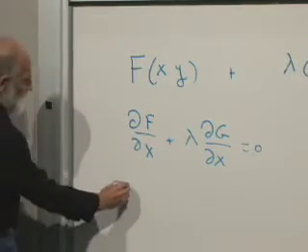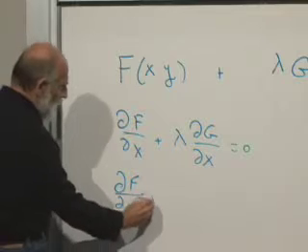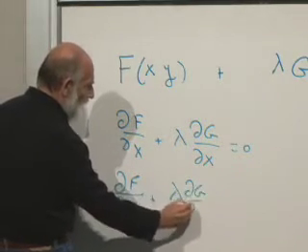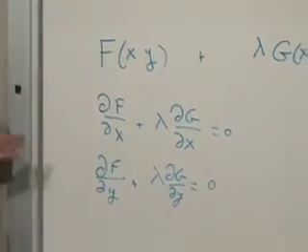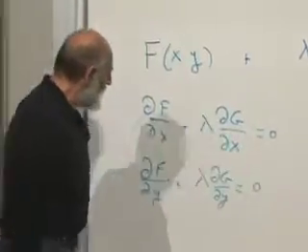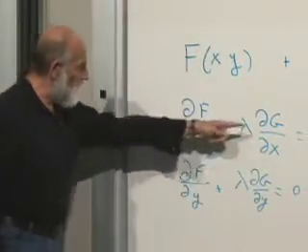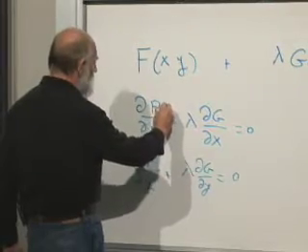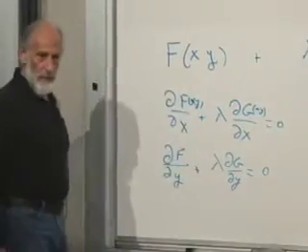And the other equation is df by dy plus lambda dg by dy is equal to 0. Those are the two equations for minimizing this particular object. Here are two equations for two unknowns, x and y. Both of them depend on x and y, and we can solve them for x and y.